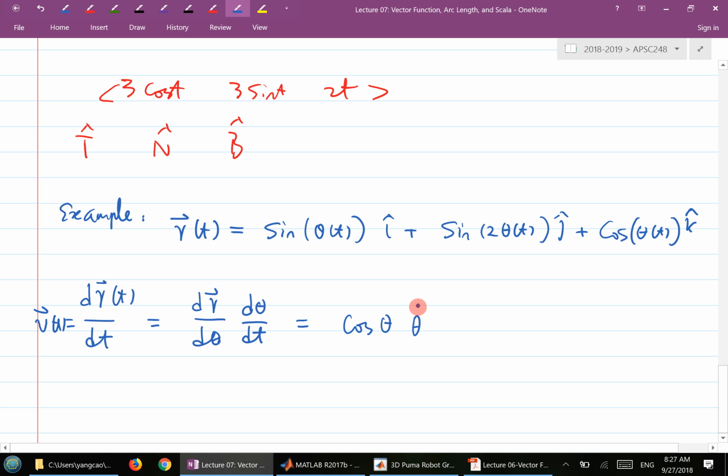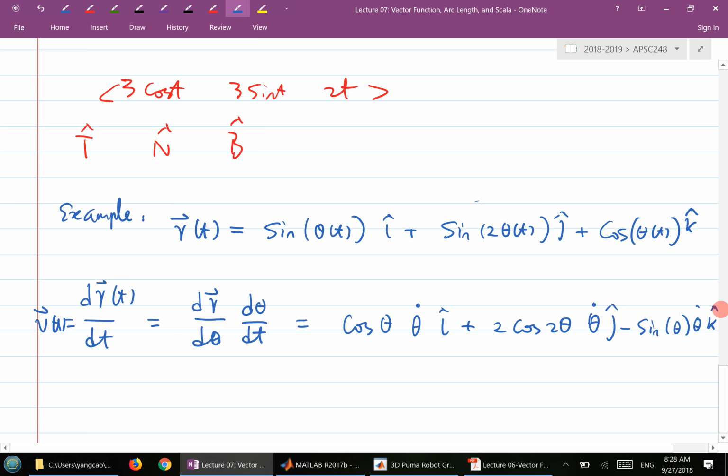If t is time, then d theta over dt can be represented using theta dot, and i hat, plus the second term, the derivative, which is 2 cosine 2 theta, and then times theta dot j hat. The last one is negative sine theta, theta dot, and k hat.